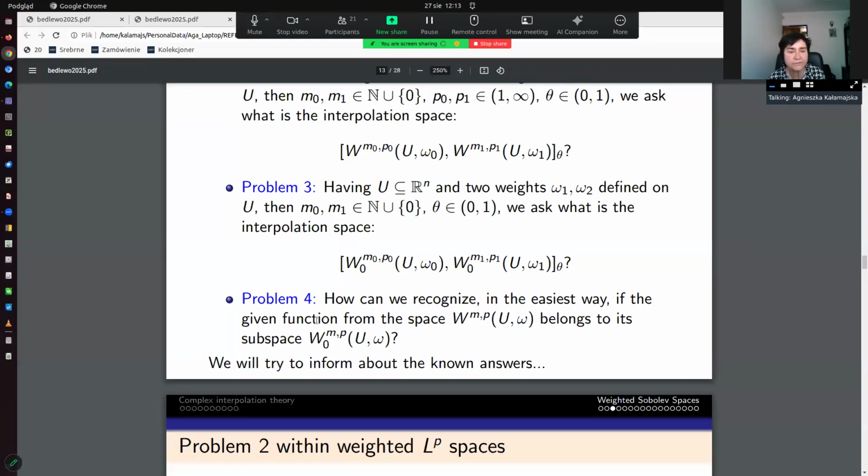Then your question, from one of the participants in the audience: how can we somehow nicely, easily recognize that a function is in the completion of C0 infinity? Not in the general space, but precisely in that narrower space. Are there some analytical tools which can be said? Because remember how we defined that space: it was a completion of C0 infinity in that space.